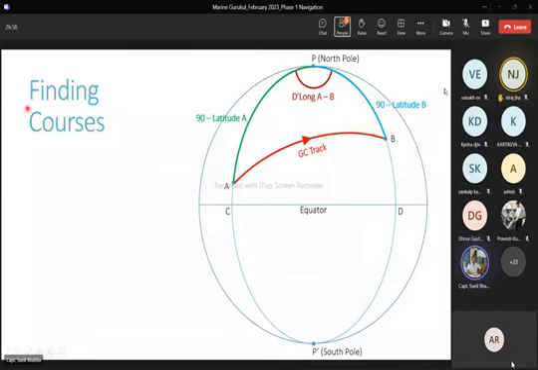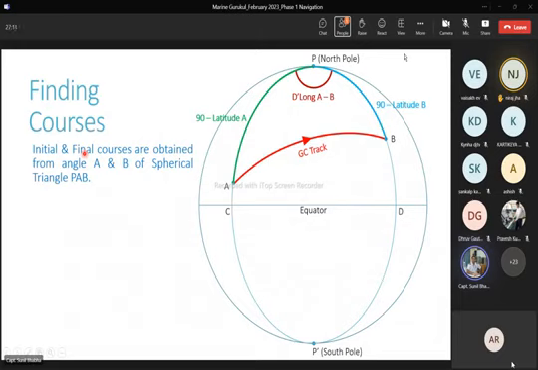Now, having found the great circle distance between our starting and destination position, we come to the second part of the question now. The second part requires us to find out the initial and final courses. To find the initial and final courses, we need to calculate angle A and angle B of the spherical triangle PAB. So we have this PAB triangle, a spherical triangle.